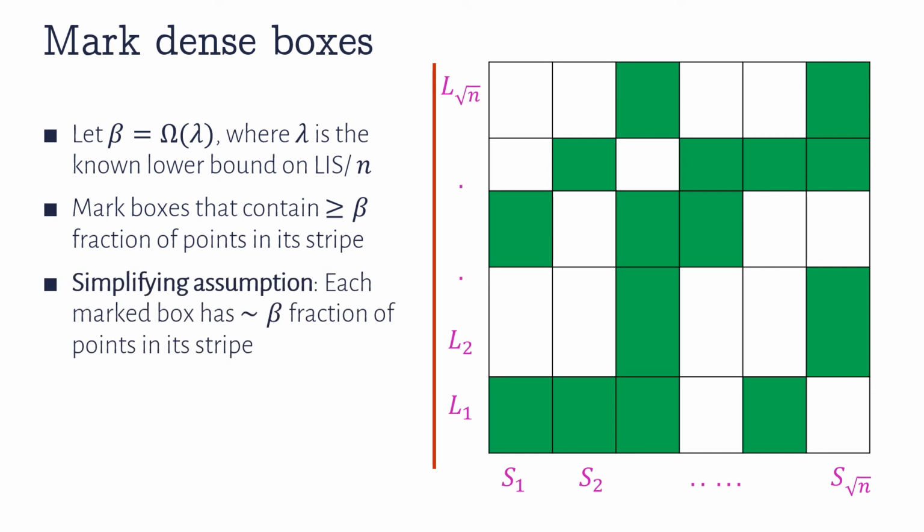For the purposes of the talk, we make an additional simplifying assumption that each green marked box has roughly beta fraction of the points in its stripe. Specifically, if you look at this first stripe S1, each of these two green marked boxes contain roughly beta fraction of the total number of points falling in this entire vertical stripe.